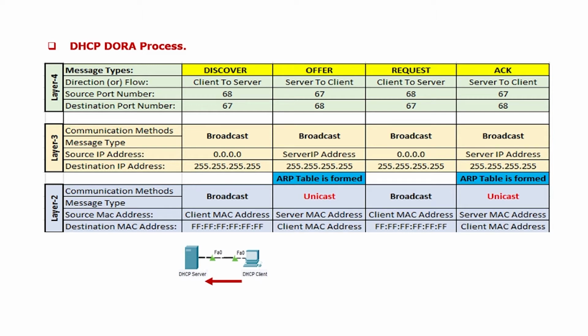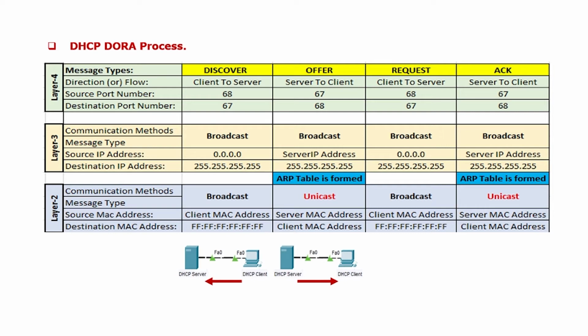Once it discovers that DHCP server, the server will make an offer to the client, and the client will receive the offer from the server. Now the server will add its MAC address and send to the client's MAC address. It's a unicast communication. Now the ARP table will be formed.